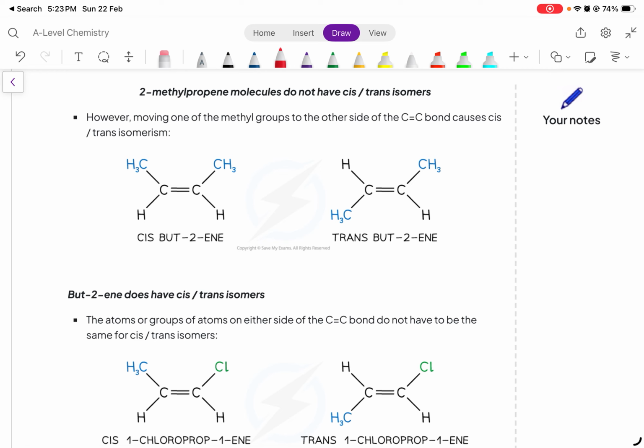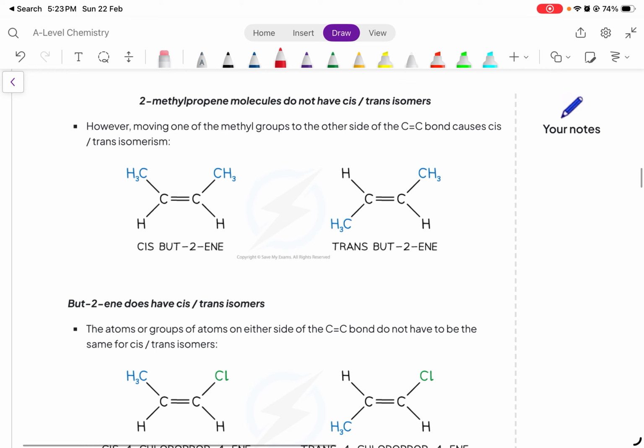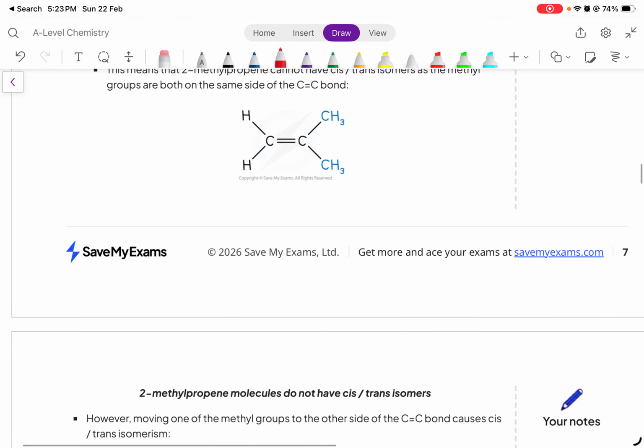Okay, so let's take an example. We can see from here that it does not have a cis-trans isomer because it has a double bond. But we can rotate according to this pivot.